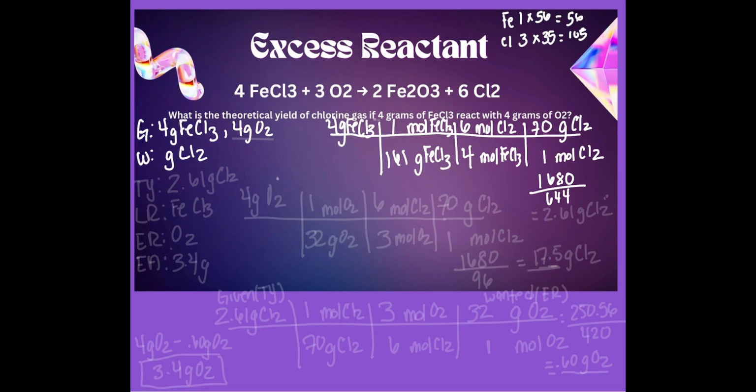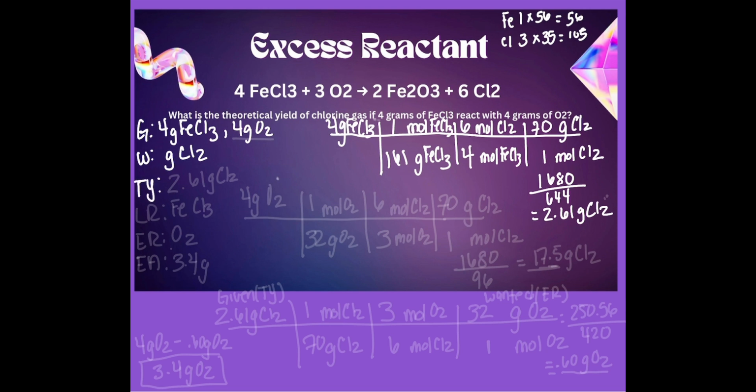When I divide 1,680 by 644, I get 2.61 grams of CO2. Okay, 2.61 grams of CO2.